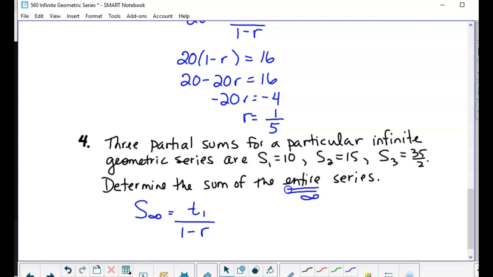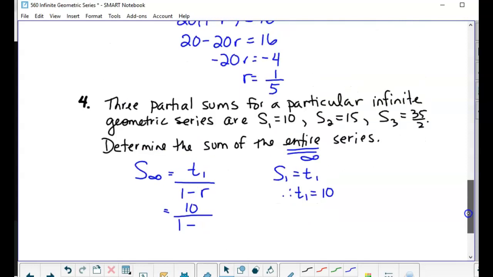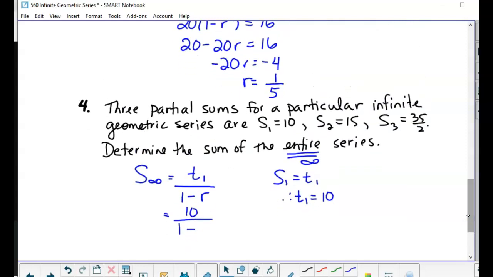Well, remember, we talked about this yesterday. S1 is equal to T1. So in this case, T1 is 10, because S1 is 10. So we know this part. Now we have to find out what r is. For r, we need to know the term values. So S2, remember, that's going to be term 1 plus term 2.